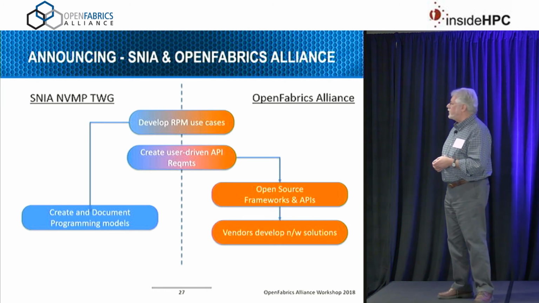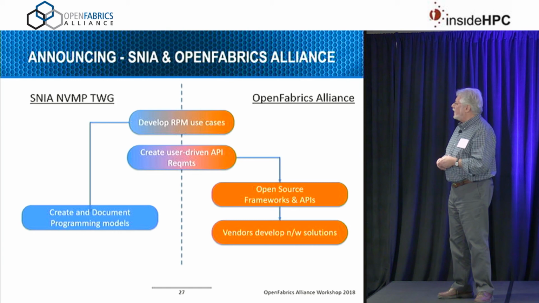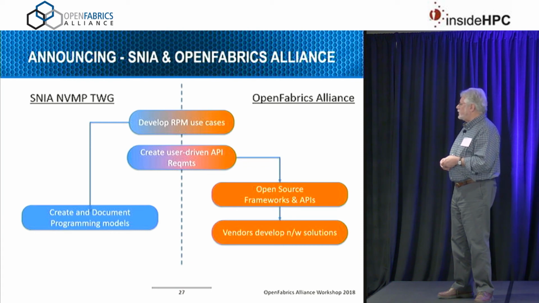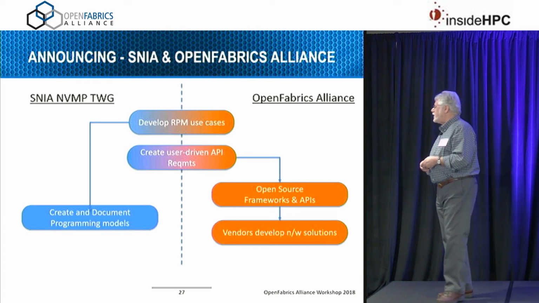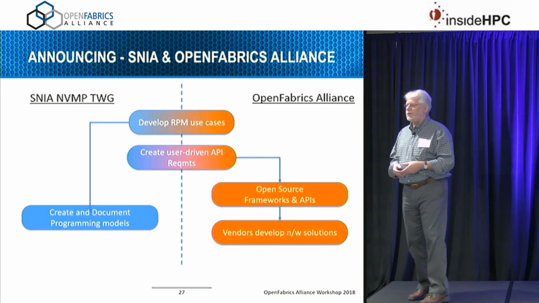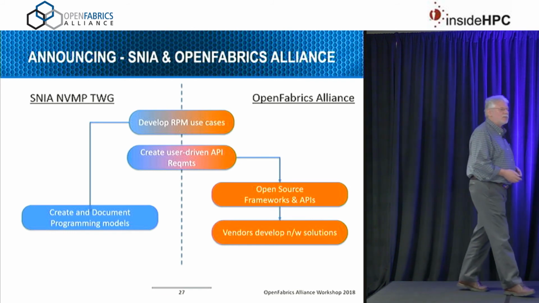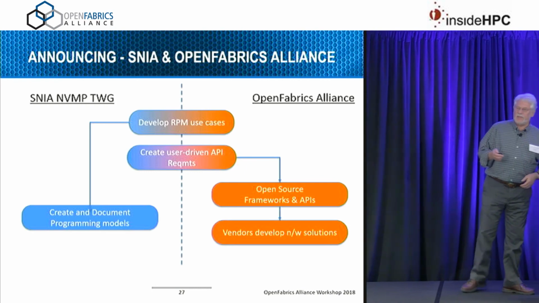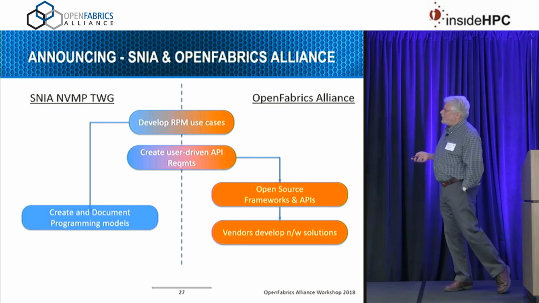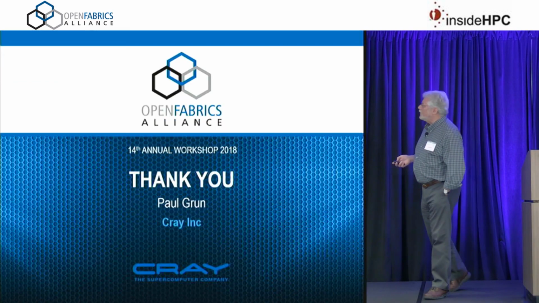So we're looking for a set of requirements to emerge from these use cases that will be used to drive API development from there. And from that, in OFI land, we expect to develop open source frameworks and APIs, and we hope that vendors will develop network solutions based on those frameworks and the implementation of those APIs. That's how we see this collaboration happening going forward.